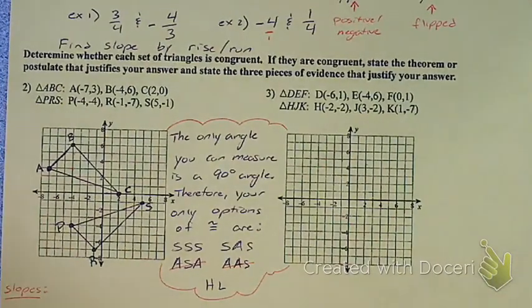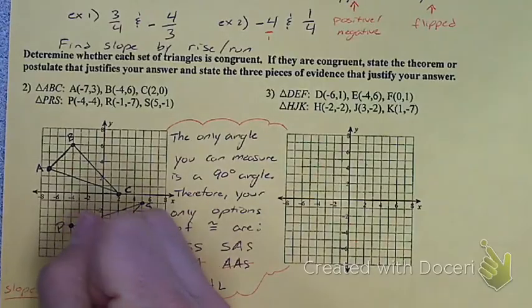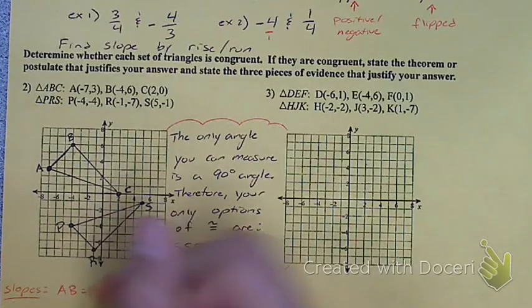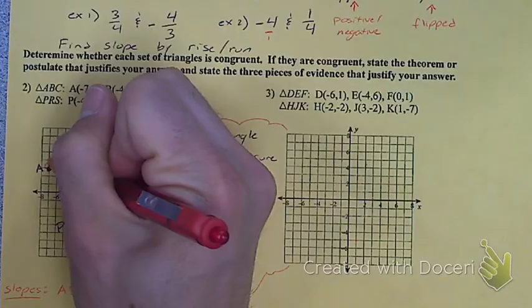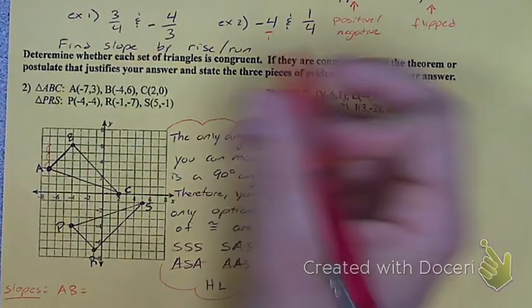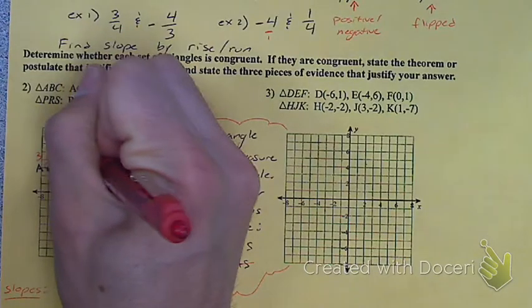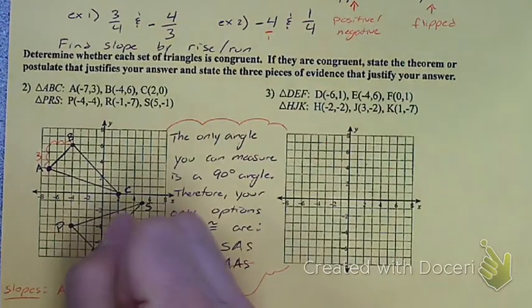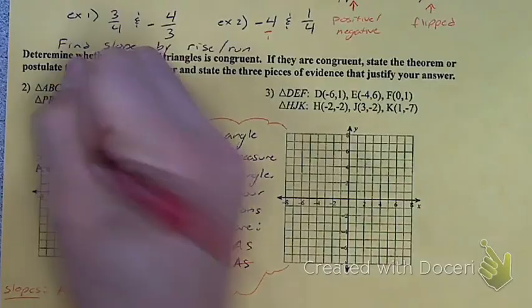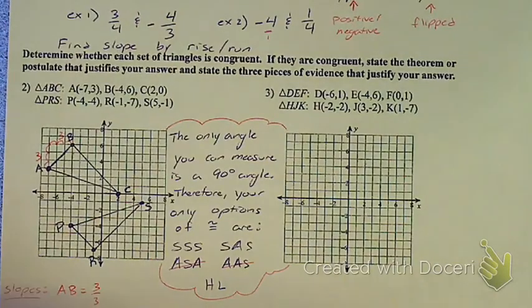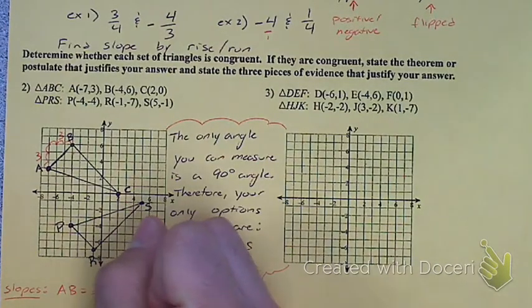So, let's find AB. From A to B, how many did I go up? 3. That's my rise. What's my run? So it's 3 over 3, which reduces to what? 1 over 1.